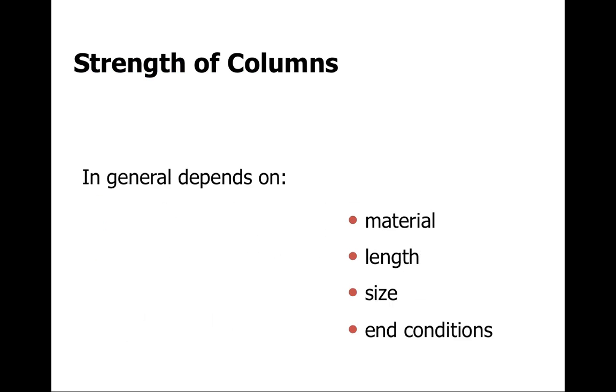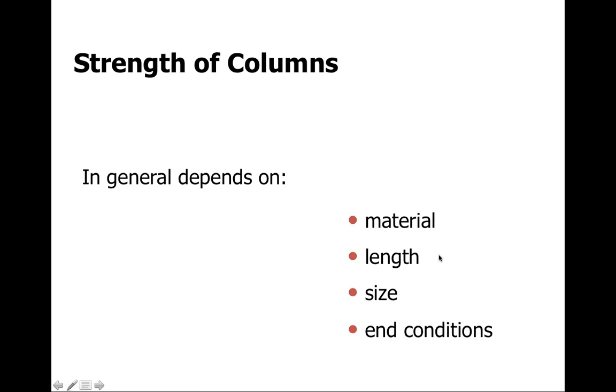Some of the considerations with columns is, number one, what kind of material are you making it from? The column could be a material such as steel, or it could be concrete, or we might even have columns made of wood.